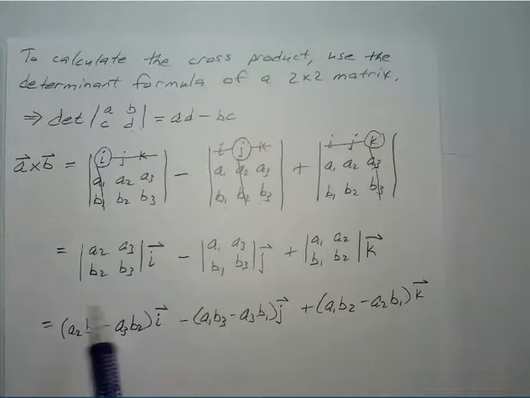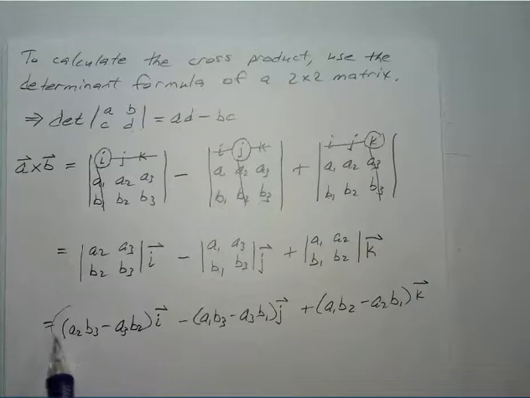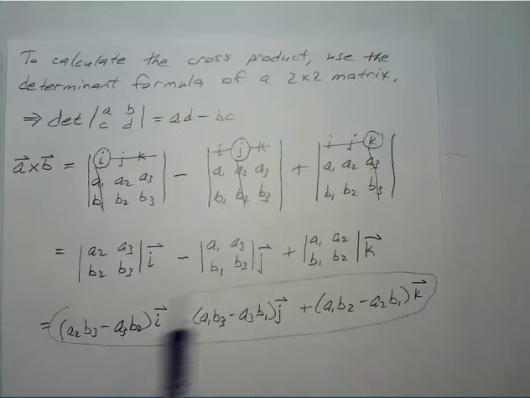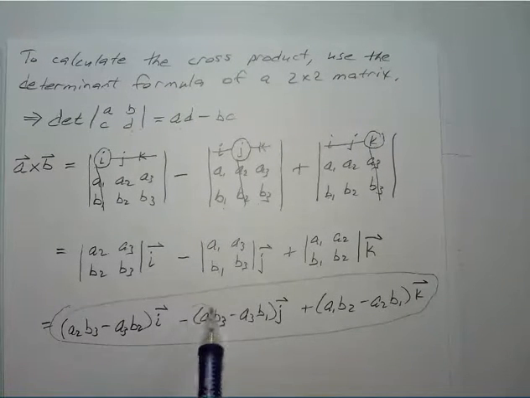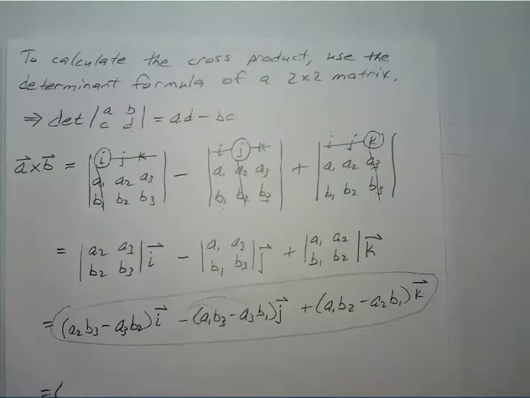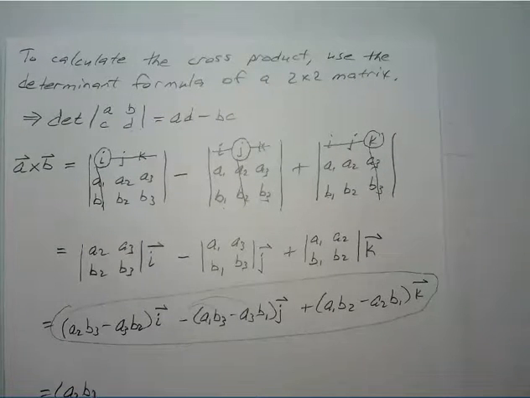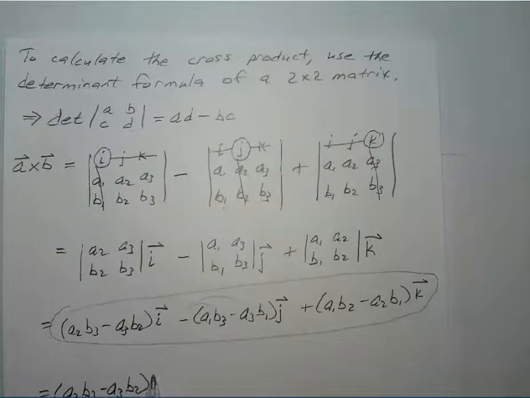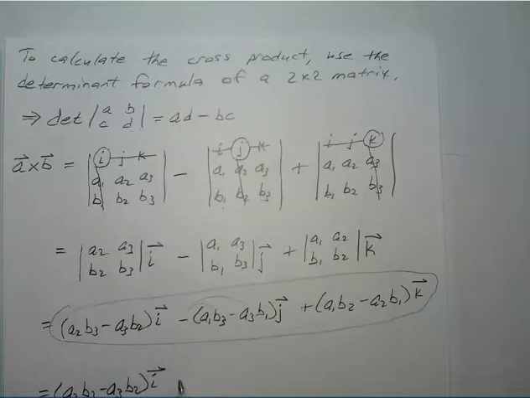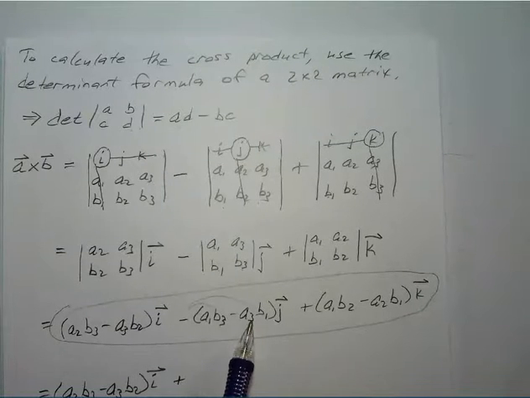Now, you can use this form of the formula, or you can distribute the negative, and that will give you A2B3 minus A3B2 times the I vector. If you distribute that negative, that becomes plus. The A3B1 becomes positive.